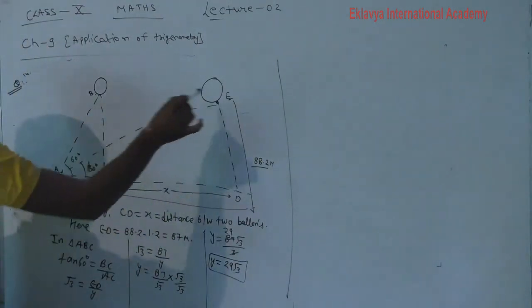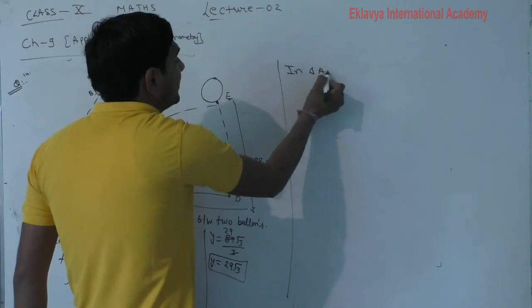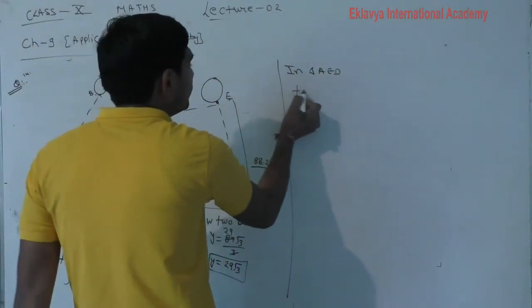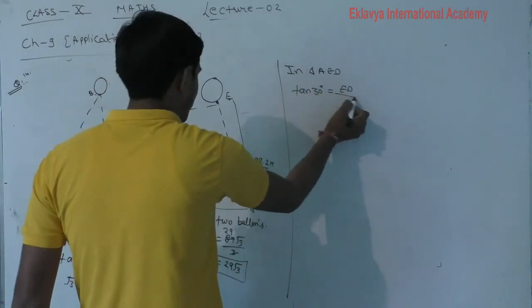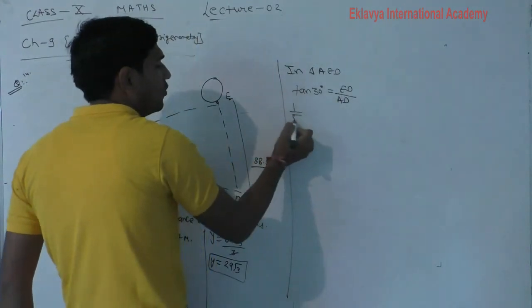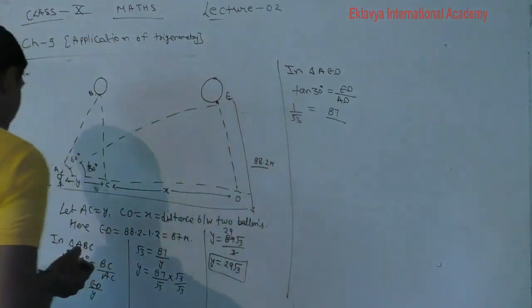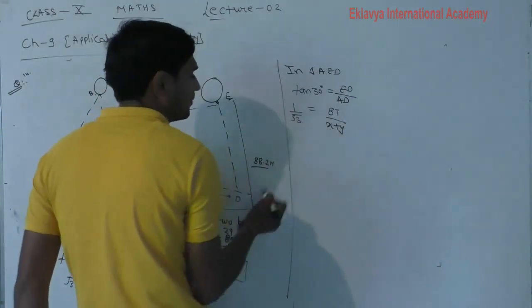Now in the second triangle, triangle AED, we use tan 30. Tan 30 is equal to ED upon AD. Tan 30 value is 1 upon root 3, equal to 87 upon AD. Students, what is the value of AD? AD can be written as x plus y.